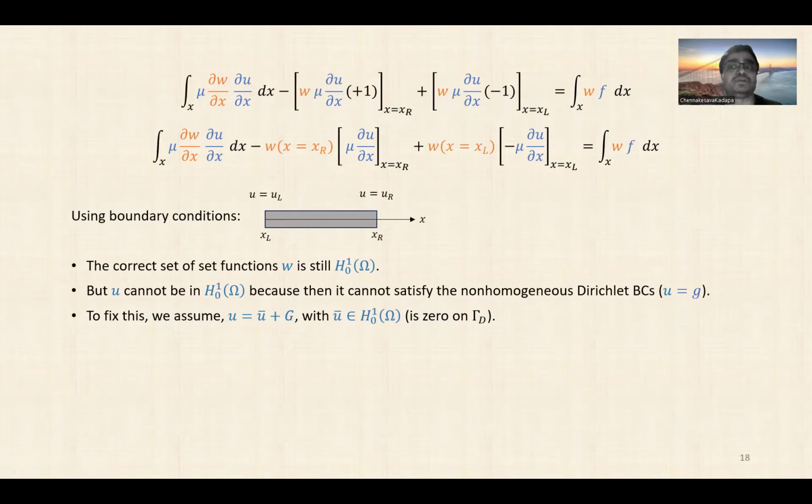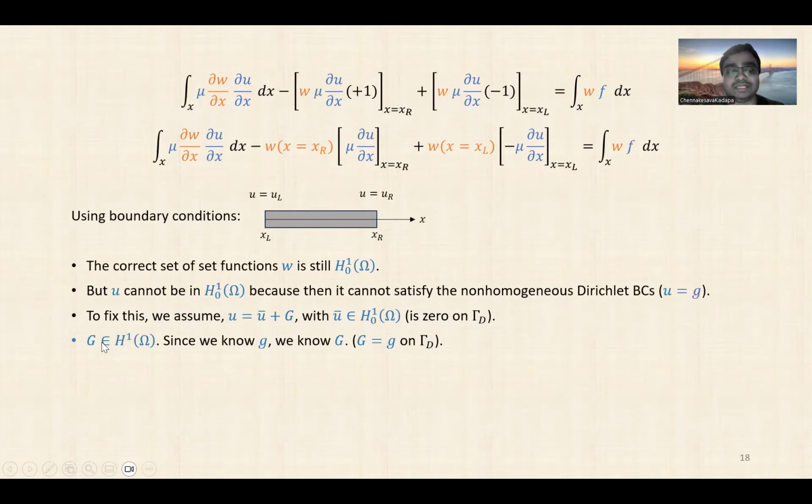So whatever we did in the previous part, when we solved the homogeneous Dirichlet boundary problem, that is the solution u bar. On top of that, we have capital G, which is the extra term that corresponds to the non-homogeneous Dirichlet boundary condition.